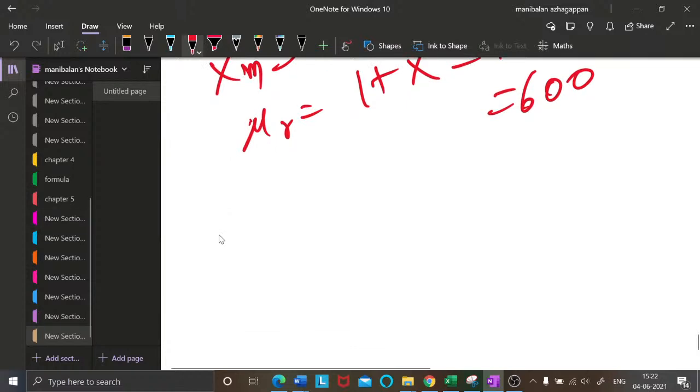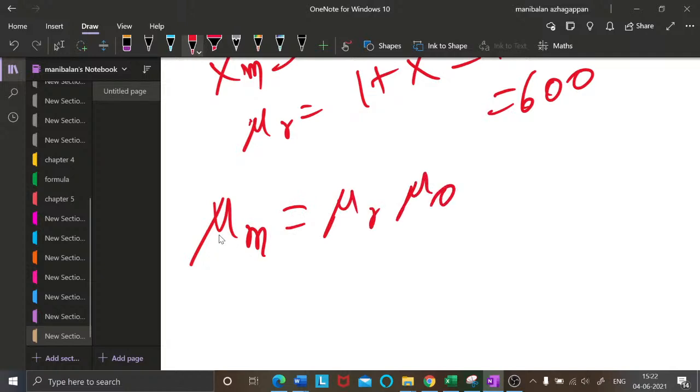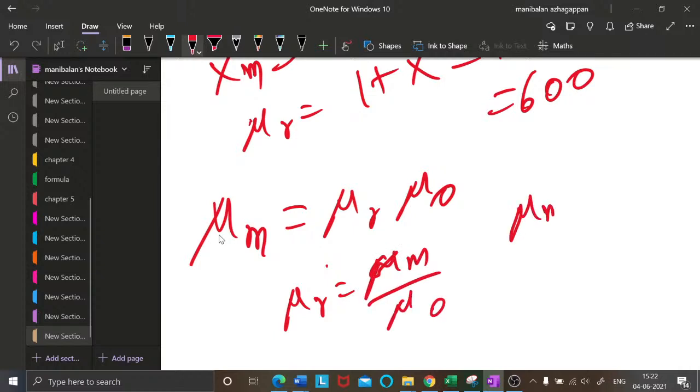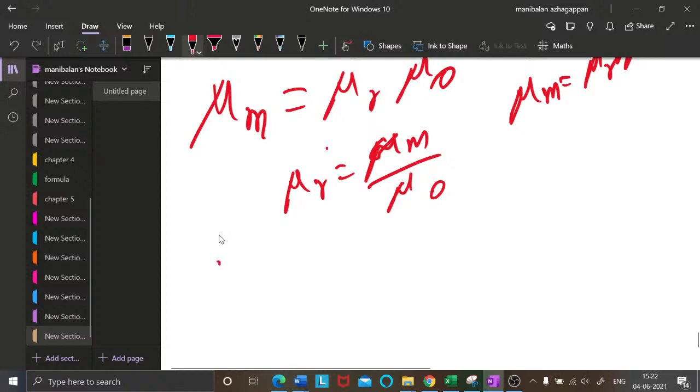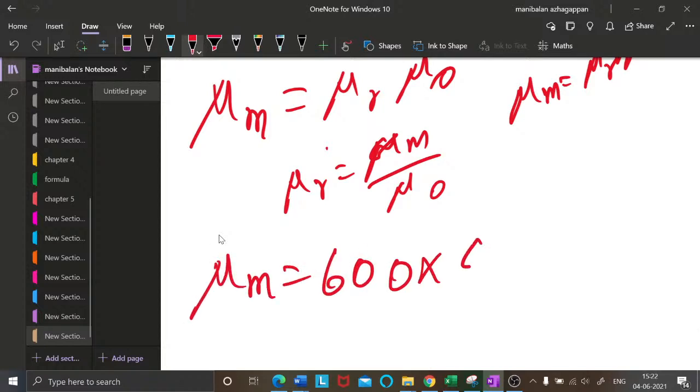Now they asked for the permeability in the medium. Permeability in the medium is the relative permeability into the permeability in air, because mu r is equal to mu m divided by mu naught, which we already know as a formula. So they want mu m. Mu m is equal to mu r into mu naught. Mu r is 600, into mu naught, 4 pi into 10 power minus 7.